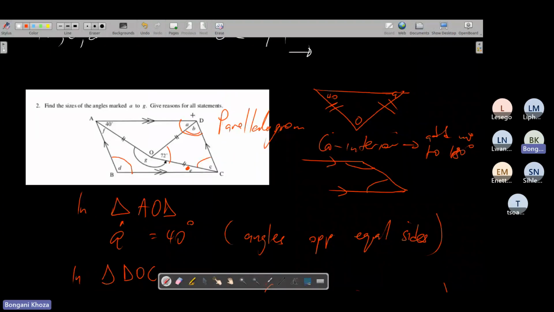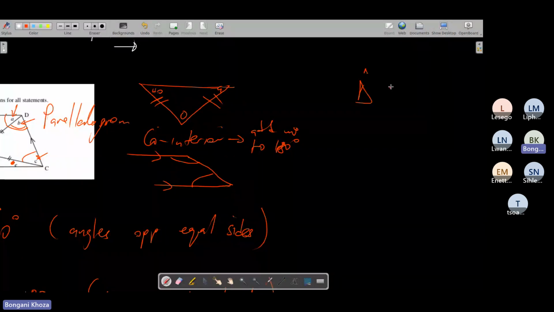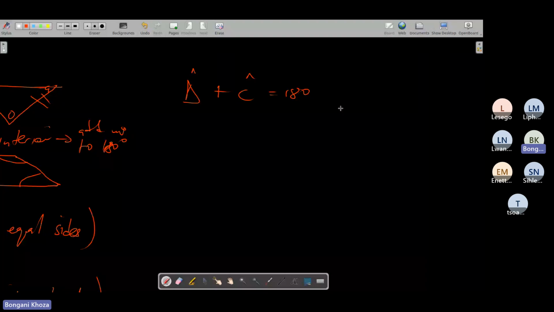We know the value of A, B, and C. We are looking for this one. Always try to make sure that you are dealing with only one unknown. So if I take the whole of angle D plus the whole of angle C, I'm supposed to get 180. The reason for that is these were co-interior angles.